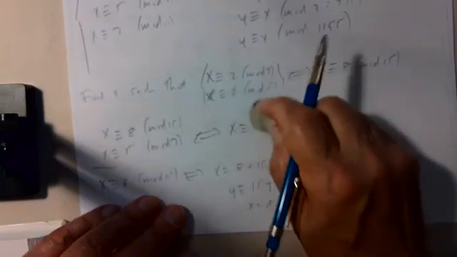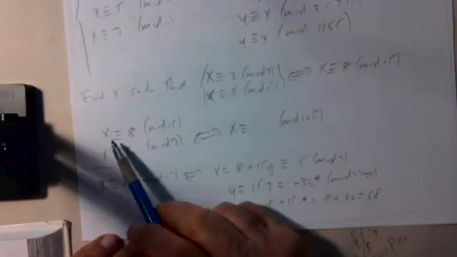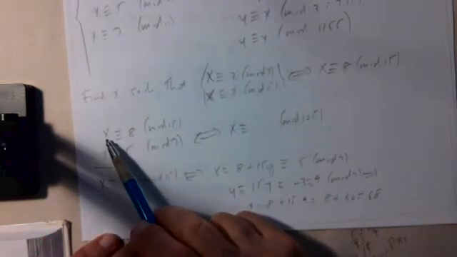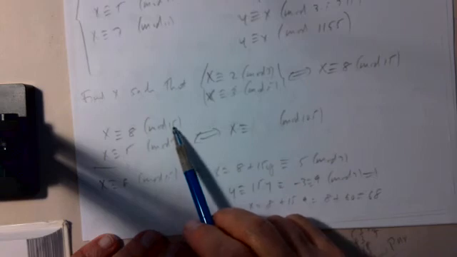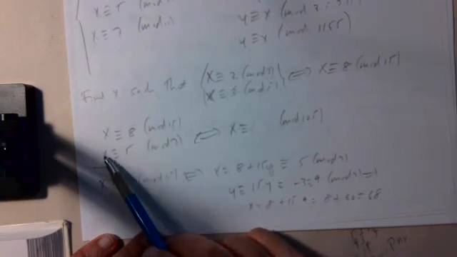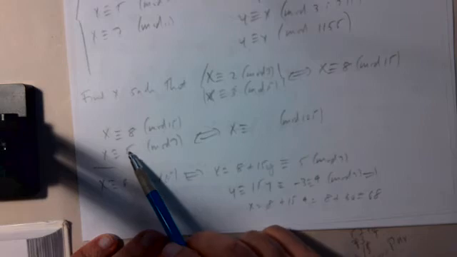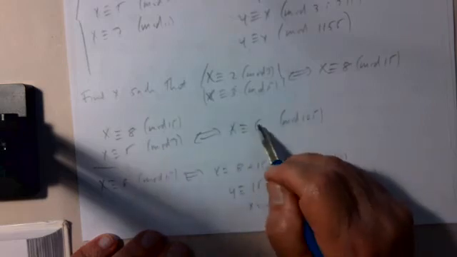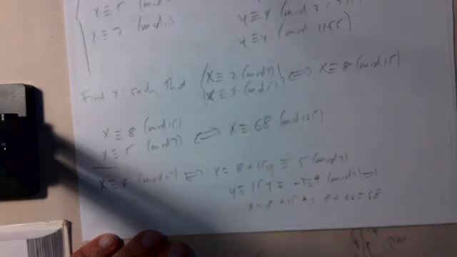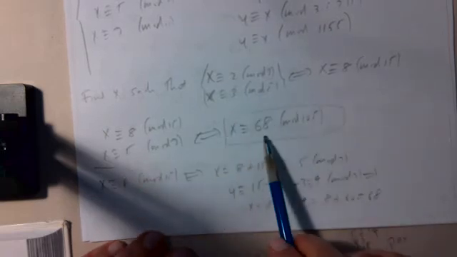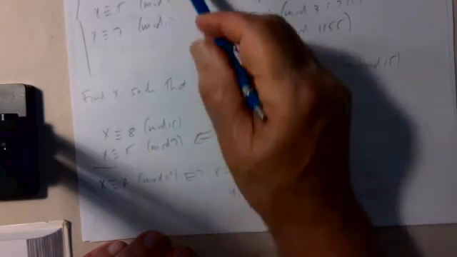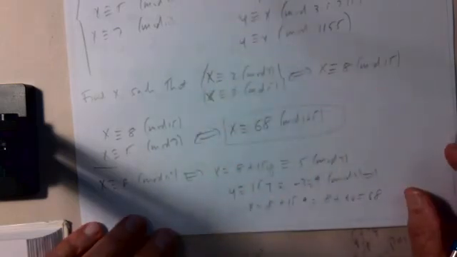And let's just check. If you let x equal 68, 68 minus 8 is 60, which is 15 times 4. 68 minus 5 is 63, which is 7 times 9. So x congruent to 68 mod 105 satisfies the first three congruences.